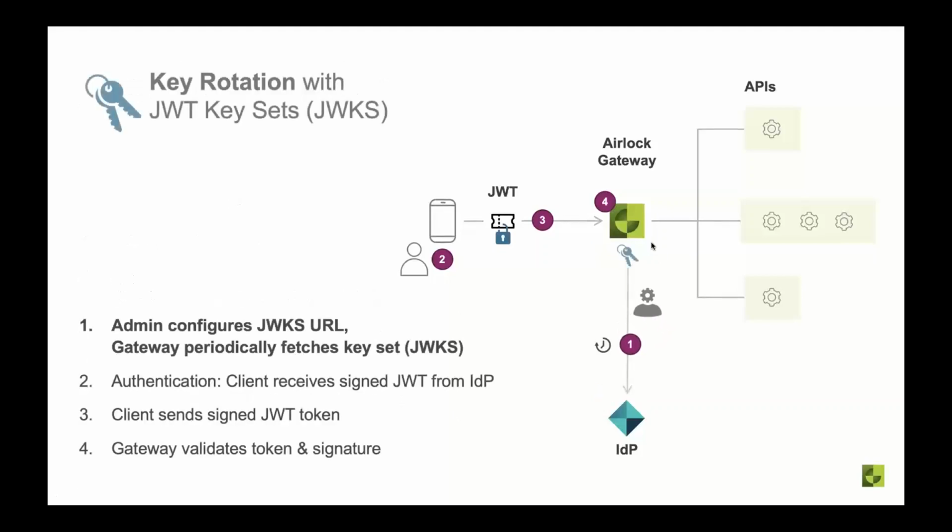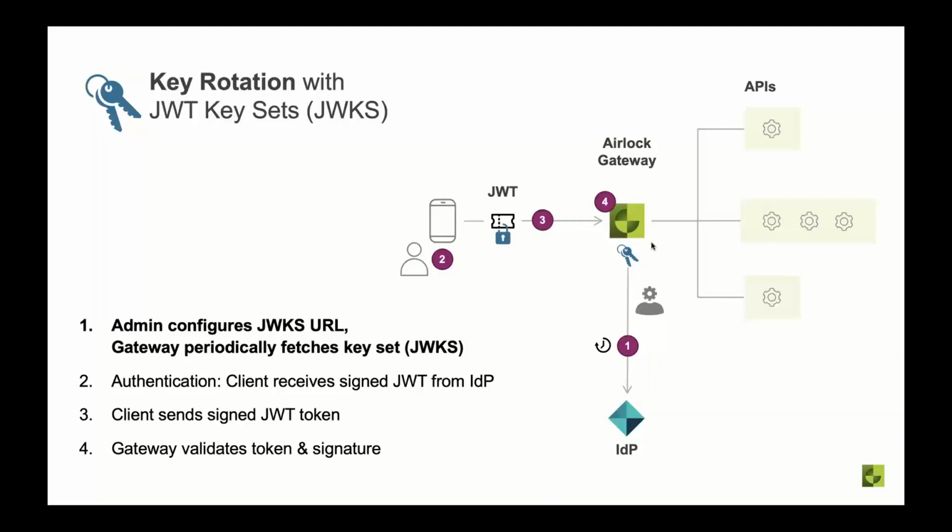And now using these key sets, it's actually possible to not configure the keys directly, but to give a URL and point to a server that actually provides these keys for Jot tokens. And so this step one is much more dynamic. Yes, the administrator configures the URL, but then the gateway will periodically fetch the current key sets from the IDP.